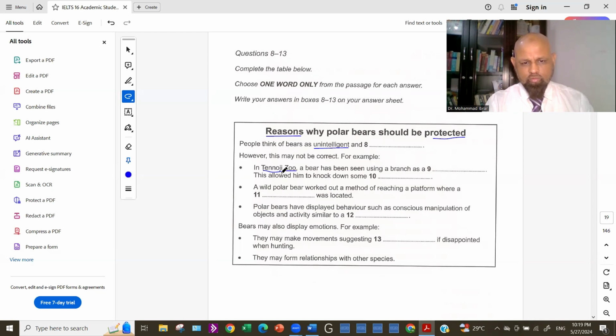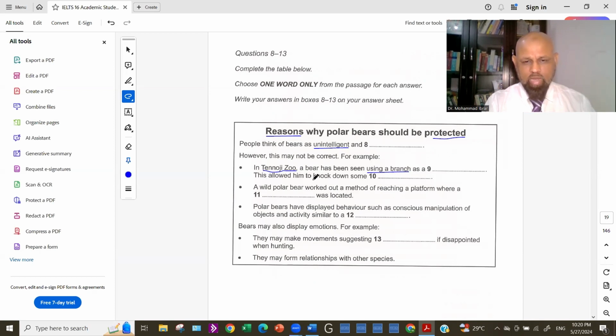So where? Some kind of zoo there. Using a branch. So using a branch, maybe make use of, or maybe utilize as a what? So 'a' is given here, so you need to find a noun here. This allowed him to knock down.